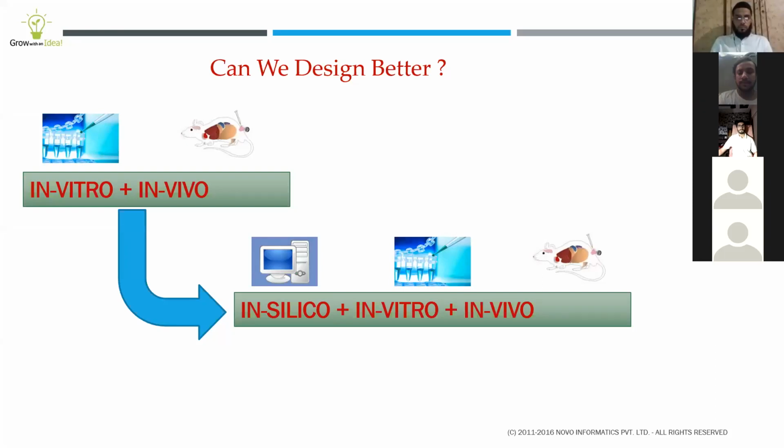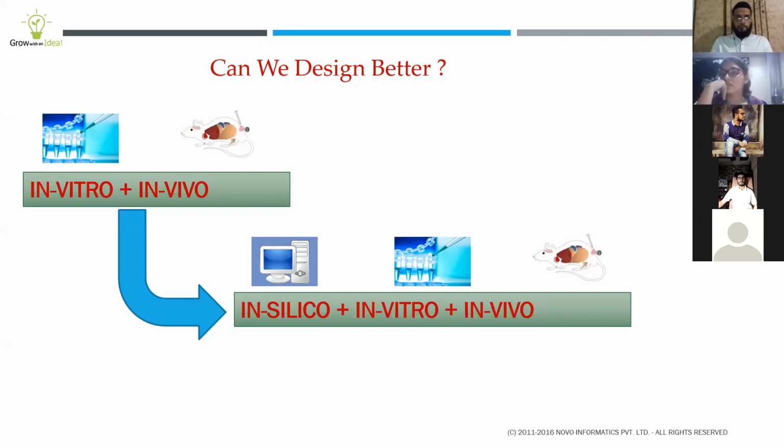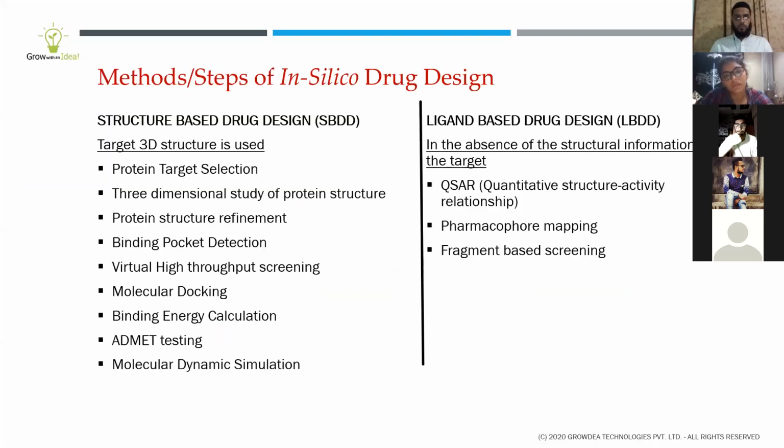Initially it was in vitro and in vivo, meaning on cells or enzyme-based assays, and then on animals in vivo. Later on, people also introduced in silico, just to improve accuracy and reduce risk. And that's why we are now talking about in silico drug designing, or computational drug designing.